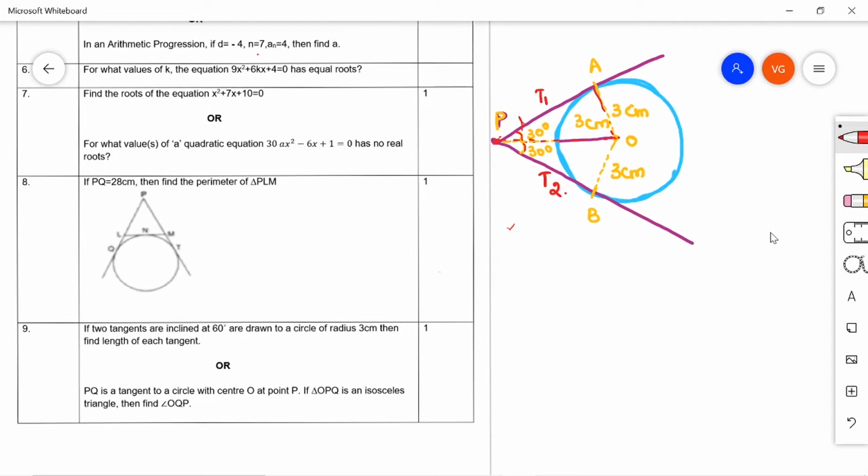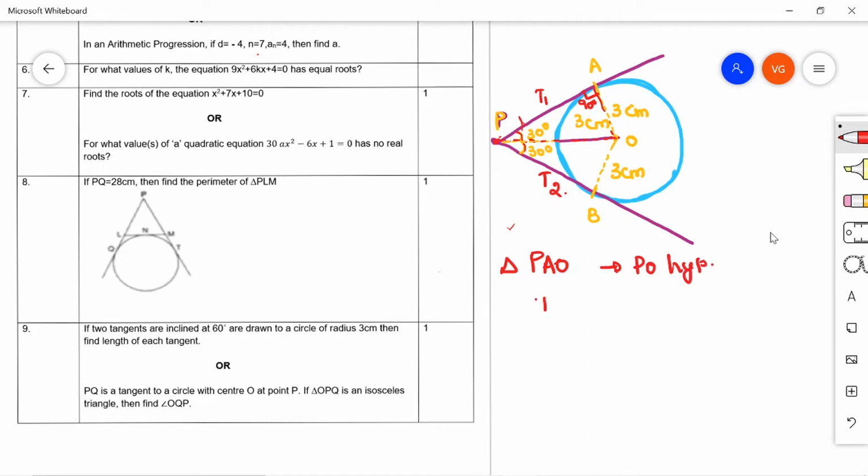The tangent drawn is at 90 degrees, so this is a right angle triangle with PO as hypotenuse.